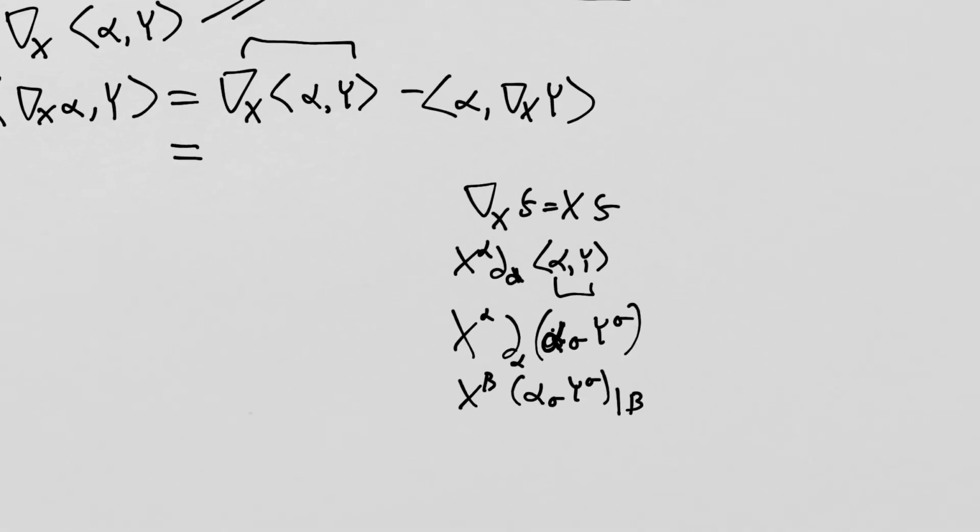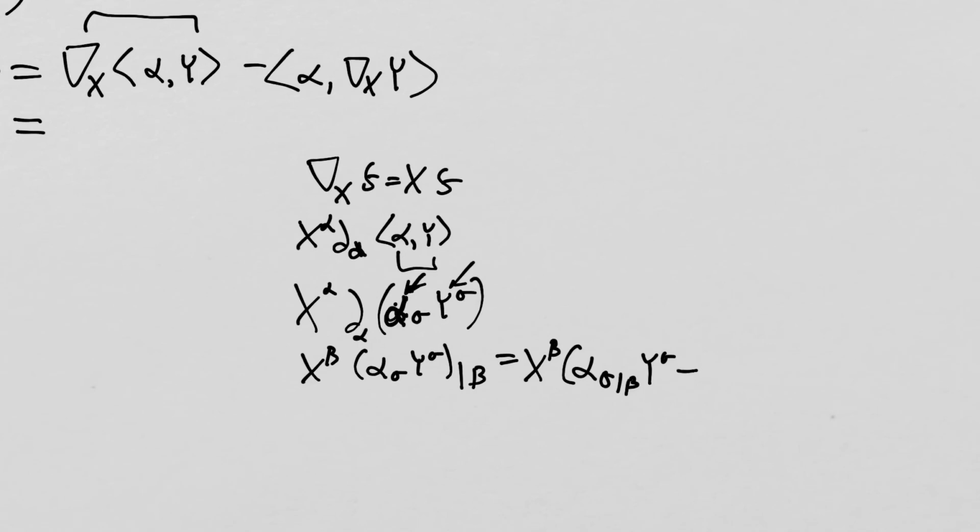And that is going to equal x^β, and then we use essentially the product rule, right? This is because that's a function of space-time, and that's a function of space-time. So I will go with x^β times α_σ ∂_β y^σ plus (∂_β α_σ) y^σ, like that, right?